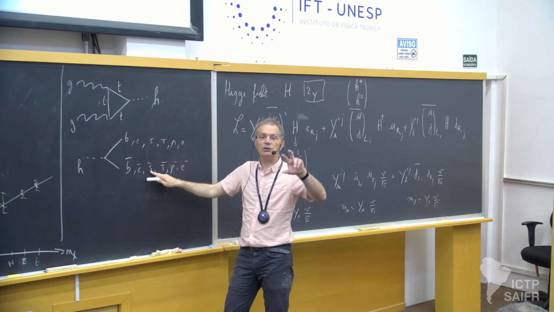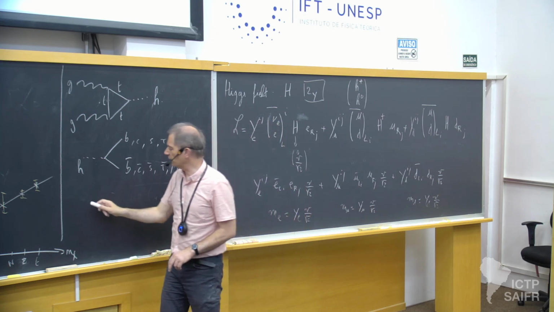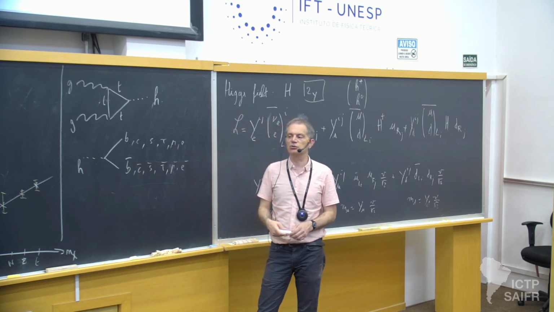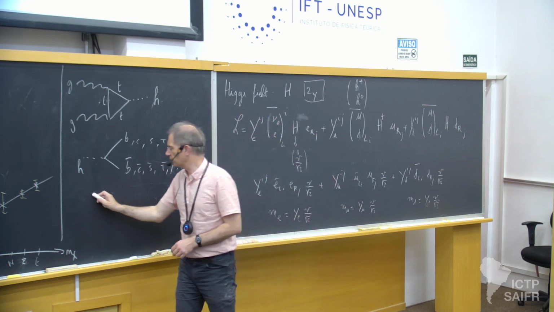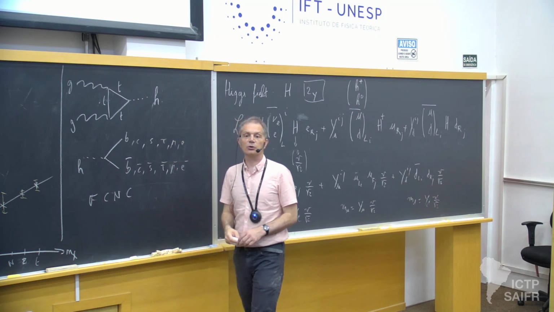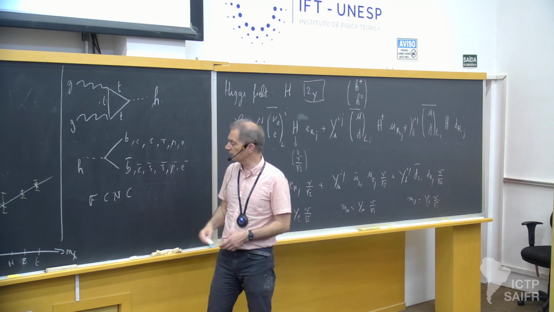So it's diagonal in flavor space. We say that the Higgs doesn't mediate, at tree level, flavor-changing neutral currents. Flavor-changing neutral currents are absent from the Higgs interaction.